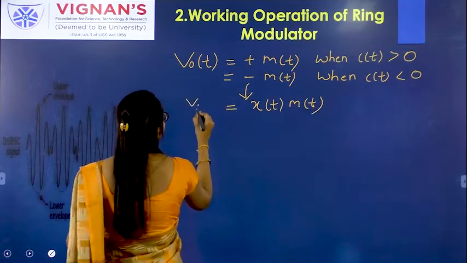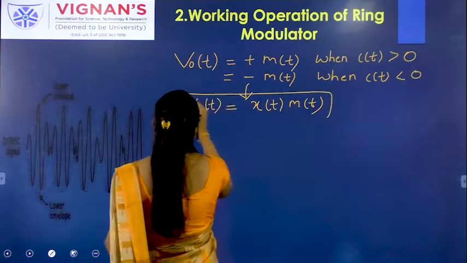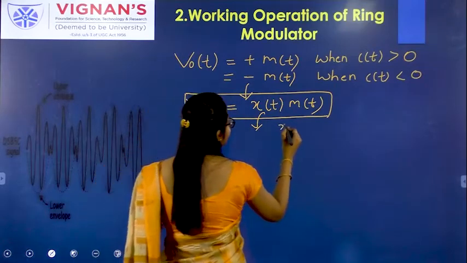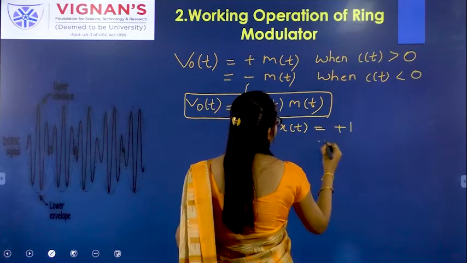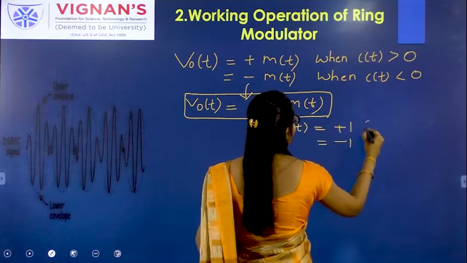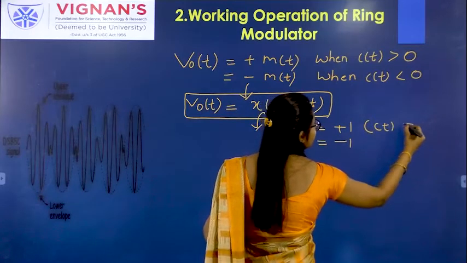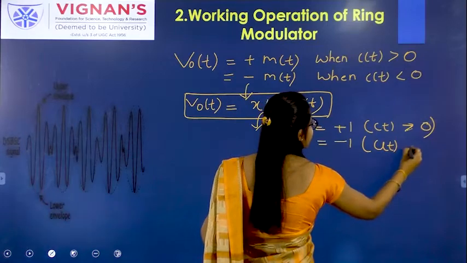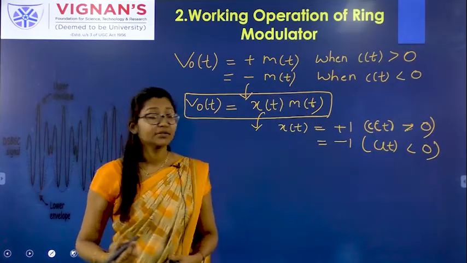So finally V naught of t equals x of t times m of t, where x of t equals plus 1 and x of t equals minus 1 depending upon C of t greater than 0 and C of t less than 0, right?